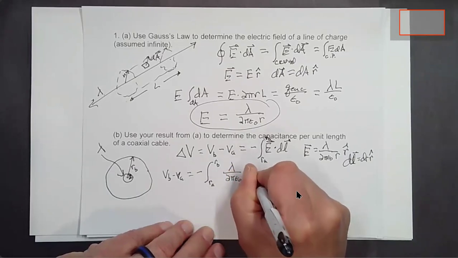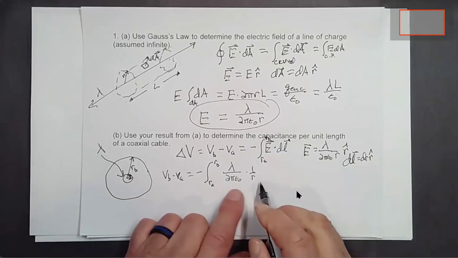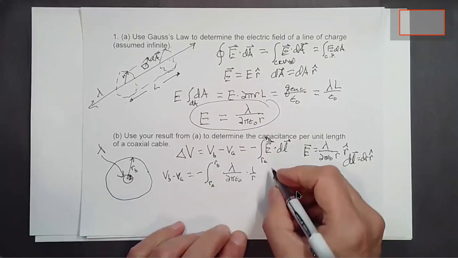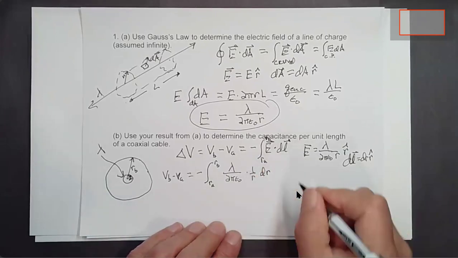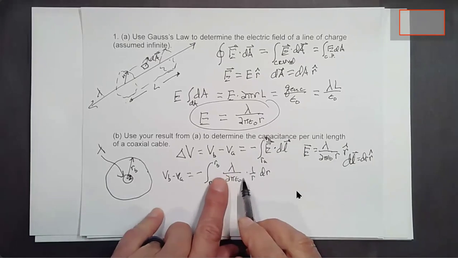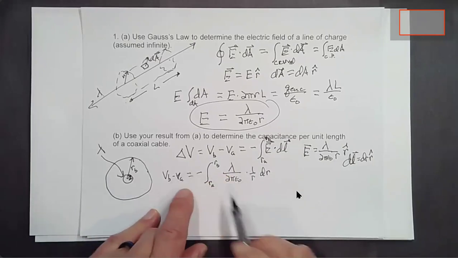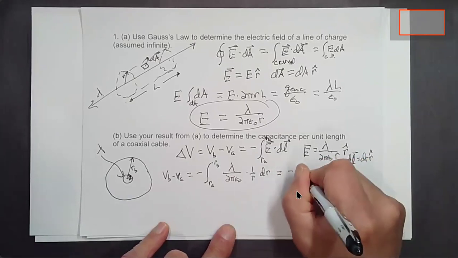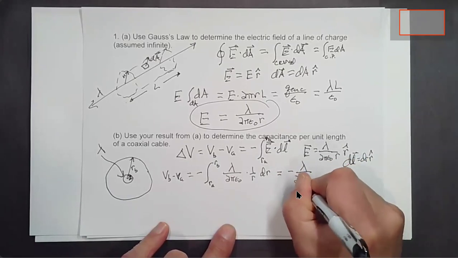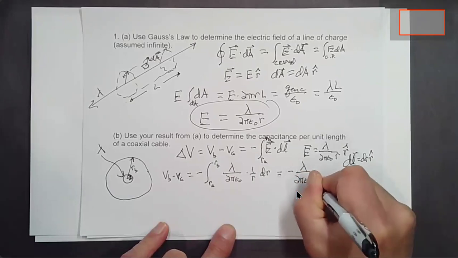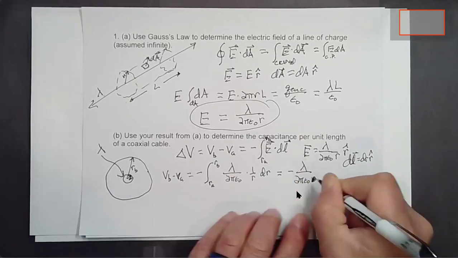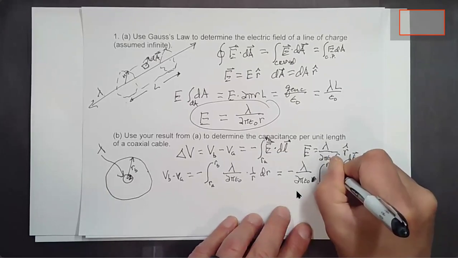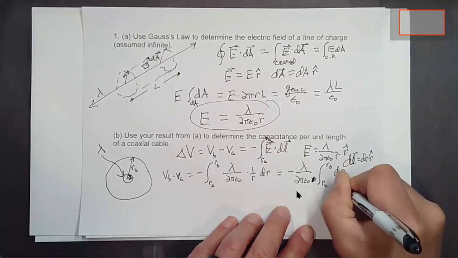And I'm going to separate this times 1 over r. There's my electric field part. My dl part is just going to be dr. And this is constant, the lambda over 2 pi epsilon naught. So I can yank it out, and I'll have minus lambda over 2 pi epsilon naught. Whoops, not r, didn't bring it out. The integral from r_a to r_b of dr over r.